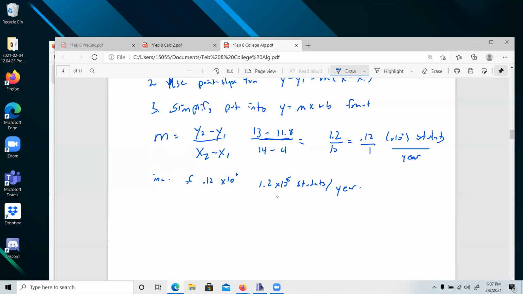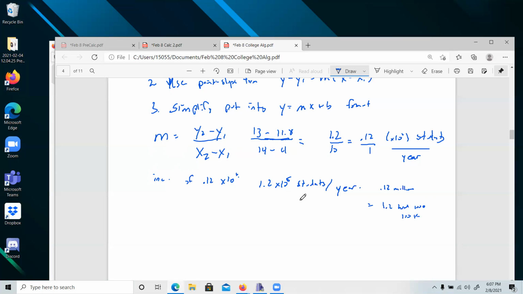Or we could go and say it's 0.12 million. So 0.12 million is equal to 120,000.